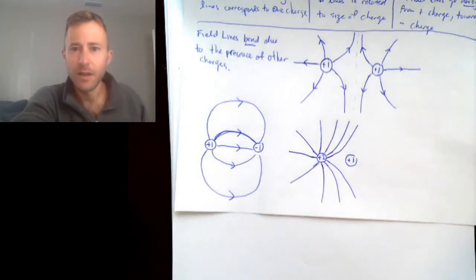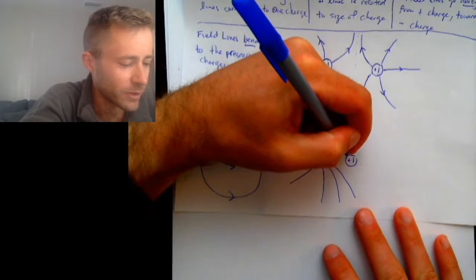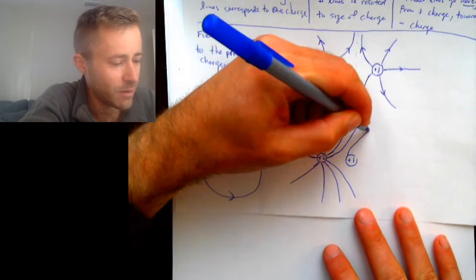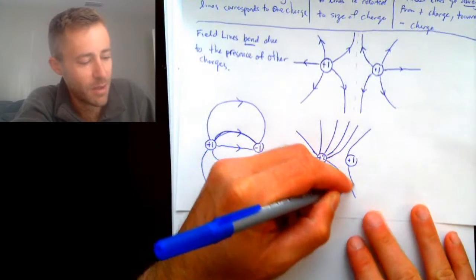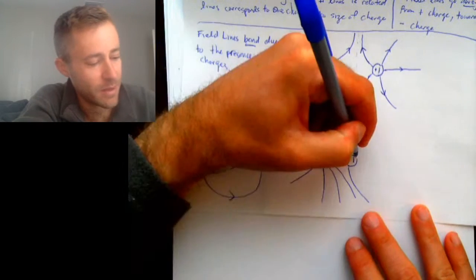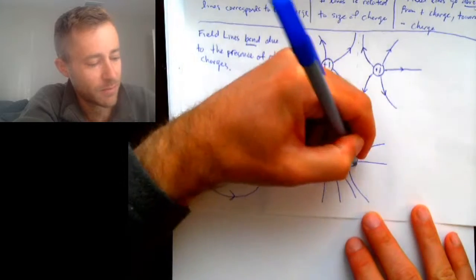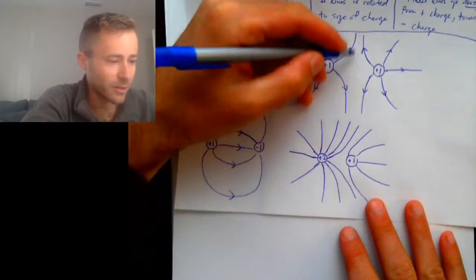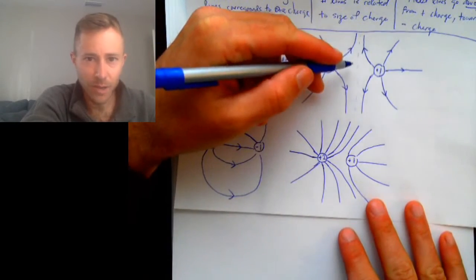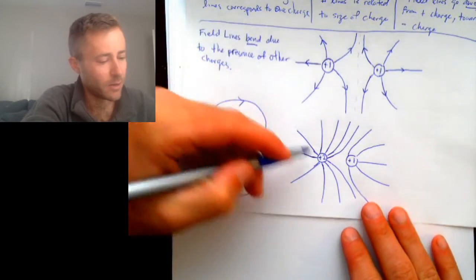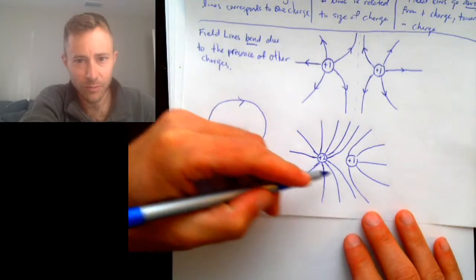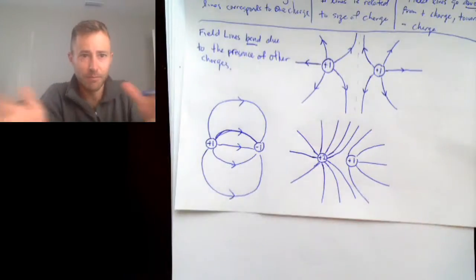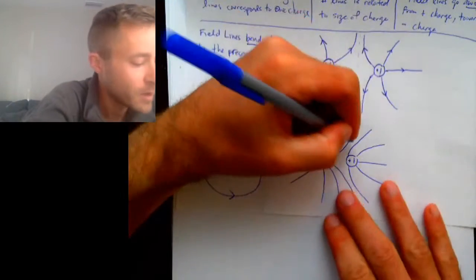And then this guy's 5 lines are going to be super weak. See the difference: here we have an even balance, and here this guy's lines are dominating the smaller charge's lines and pushing them away.